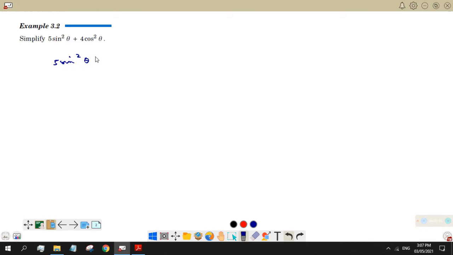So we have 5 sine squared theta plus 4 cosine squared theta. This is equal to 5 sine squared theta pa rin, but we are going to substitute. So remember from our derivation from the last lecture that sine squared theta plus cosine squared theta is equal to 1, right?